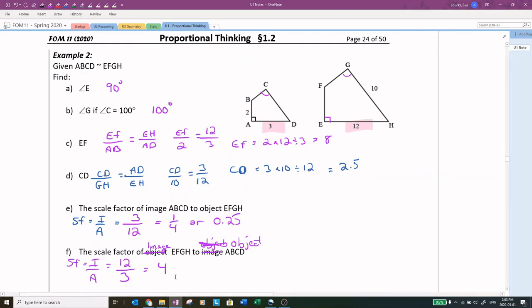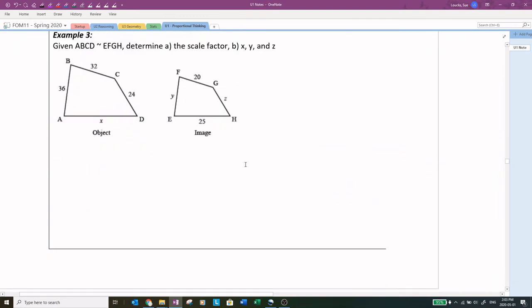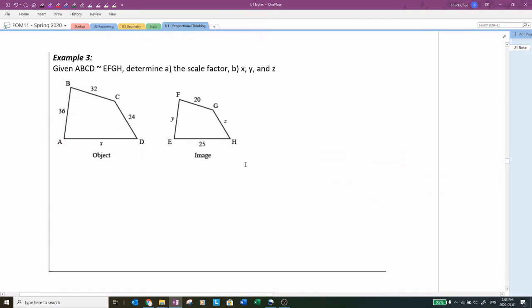Okay, let's look at our last example, example 3 on this page. Given that quadrilateral ABCD is similar to EFGH, determine the scale factor, and then the lengths of X, Y, and Z. The scale factor is image over actual, and the only side that we have both pieces of information for is BC and FG.